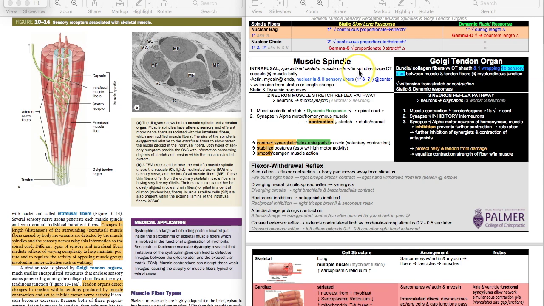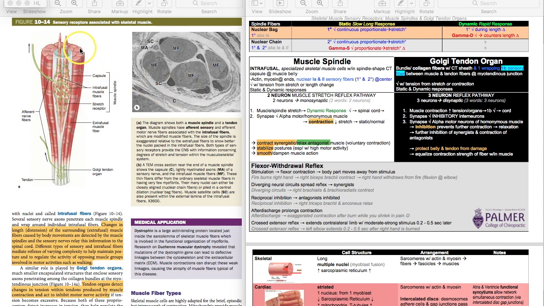They are going to be encapsulated by some connective tissue, quote-unquote spindle-shaped connective tissue. If you look over here on the left, this is basically the shape of a spindle, where it's wider in the middle and then it tapers off at either end.